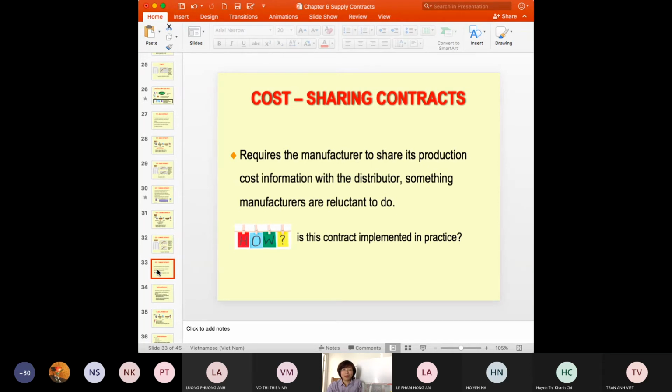So how can we implement these contracts in practice?